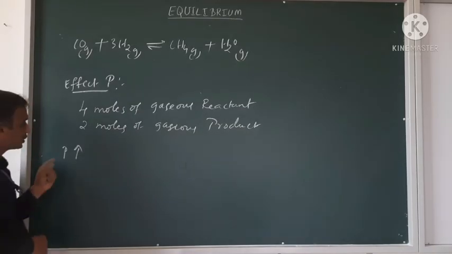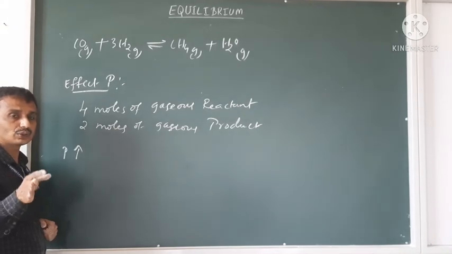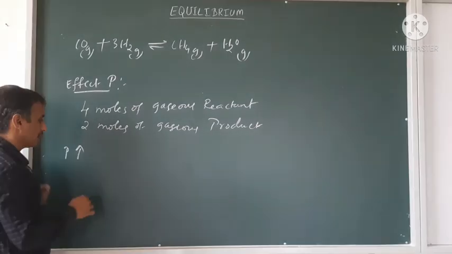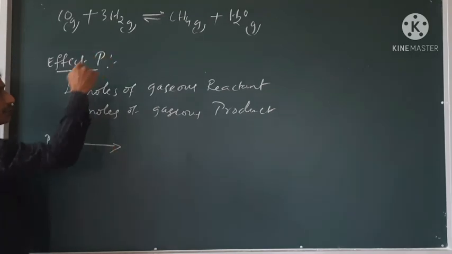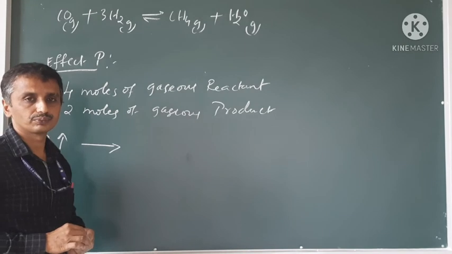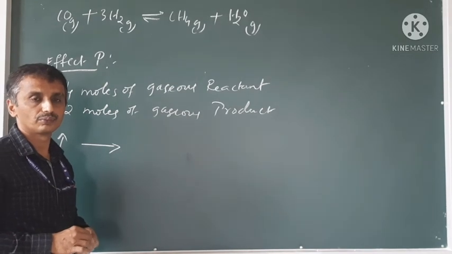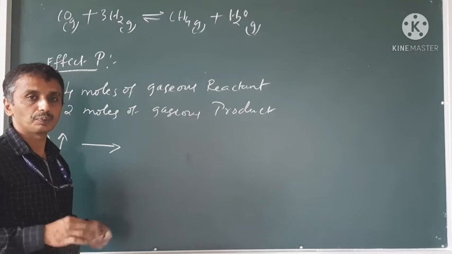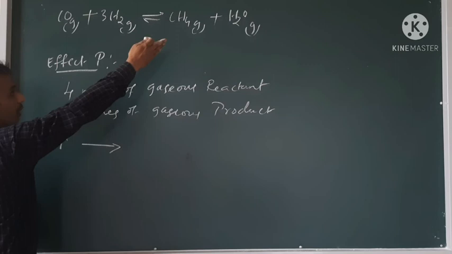So when the pressure is increased, the reaction tries to decrease the pressure by moving to the right side, by decreasing the number of moles. So the reaction is to the right.